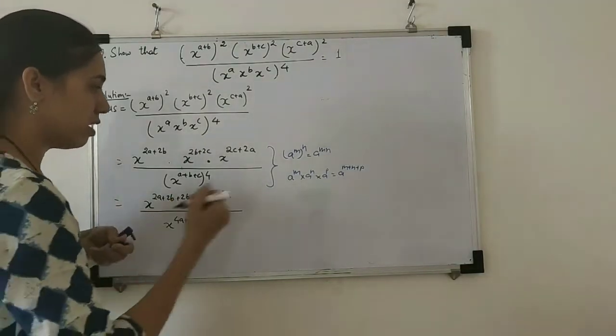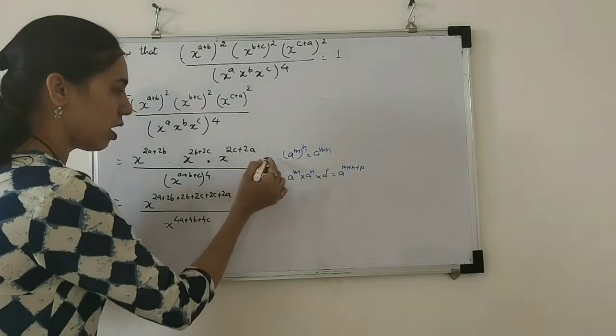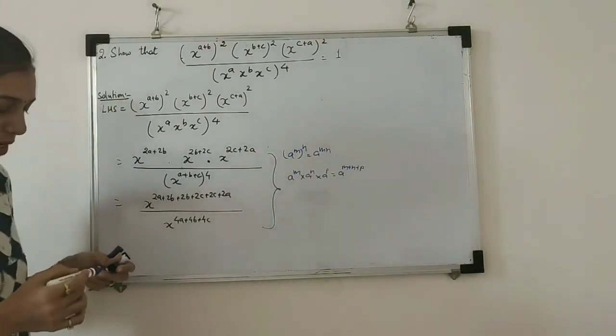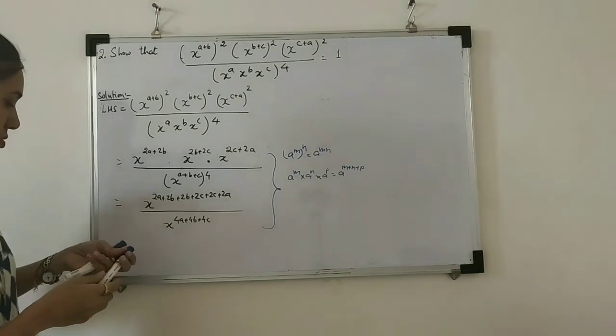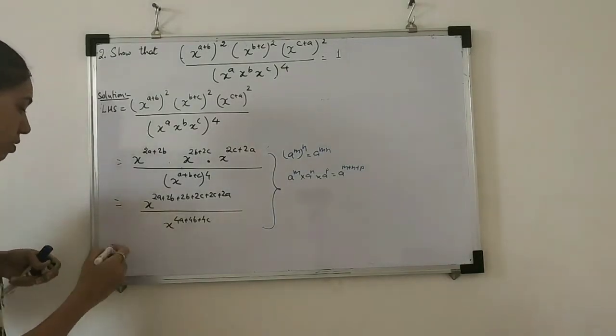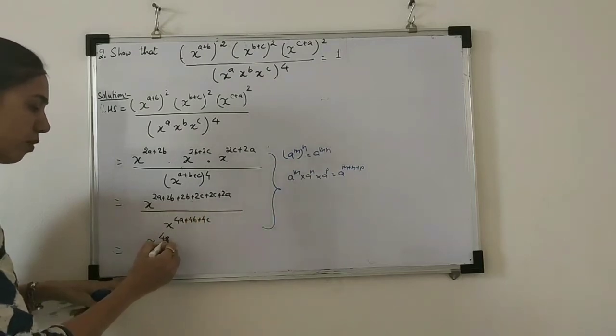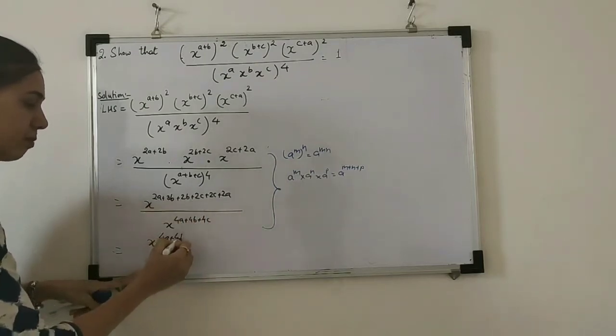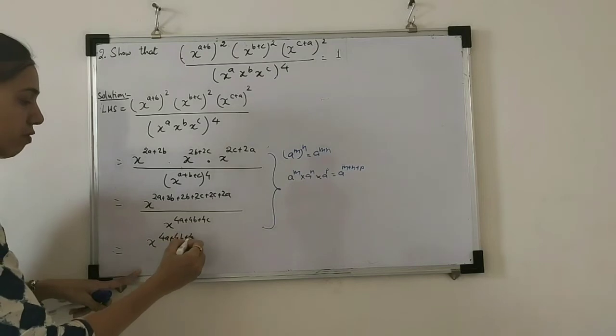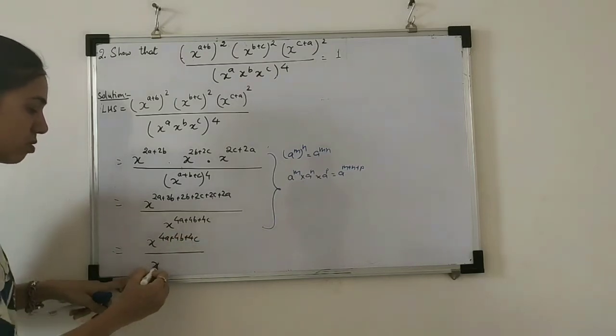Now if you see, these laws are used in both the steps, so we can write it together also. Here it will be x raised to 2a plus 2a, which gives 4a, 2b plus 2b, 4b, 2c plus 2c, 4c, and in the denominator also we have the same terms.